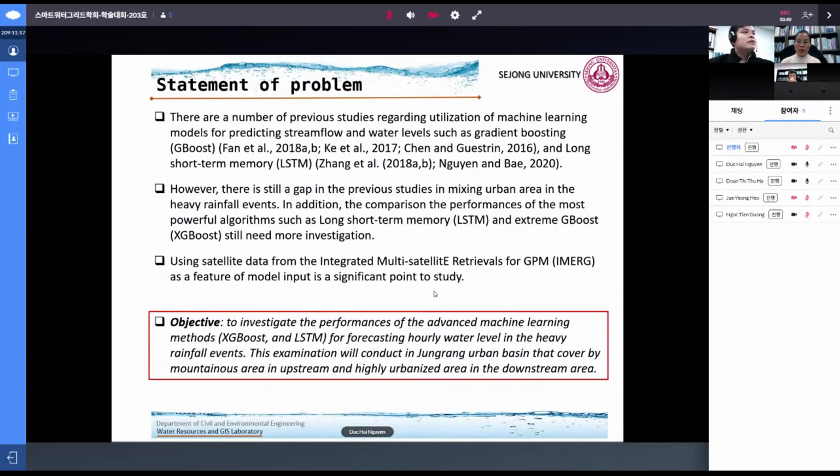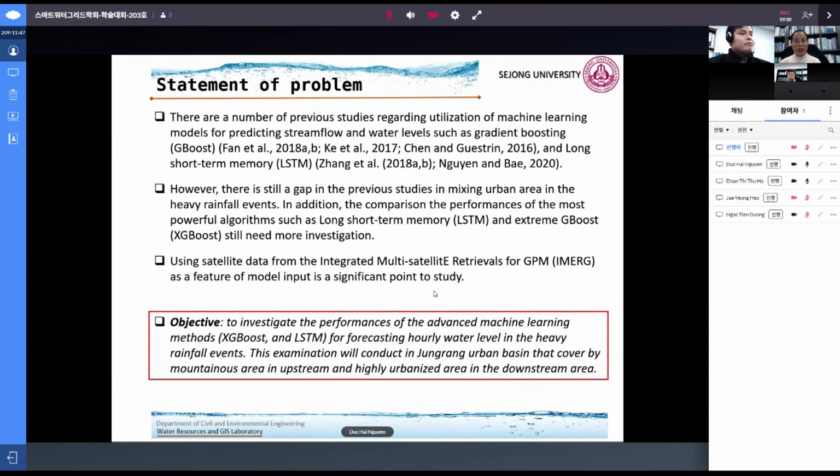However, there is still a gap in previous studies in applying them to urban areas for heavy rainfall events. In addition, the performance comparison of the most powerful algorithms, including LSTM and extreme gradient boosting, still needs more investigation.